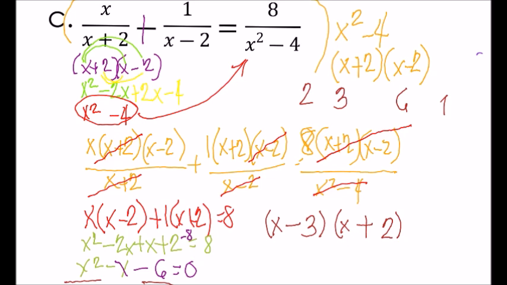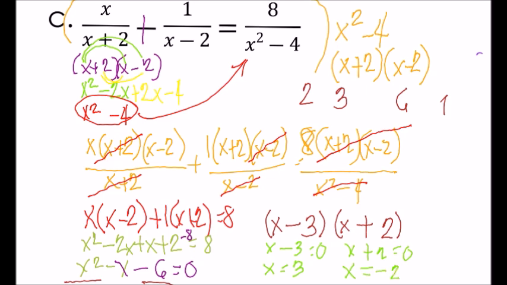If we multiply that, we're going to get negative 6. Now, let's equate both factors to 0. So we have x minus 3 equals 0. That means x equals positive 3. Next, x plus 2 equals 0. The value therefore is x equals negative 2.